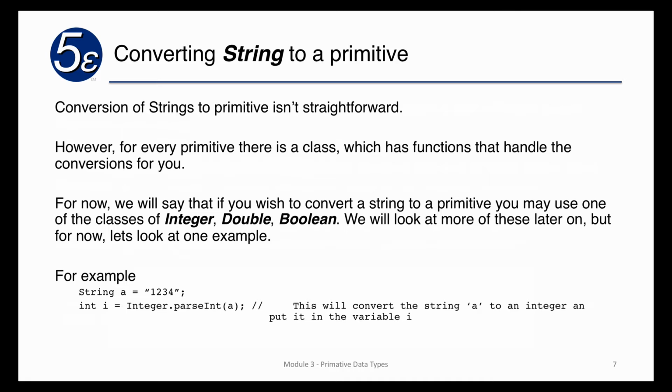Some of the example programs take an argument from the command line, pass it into the function, and it needs to be converted because those arguments are strings. And so we'll take that string A and pass it into Integer.parseInt. Integer is the class, and parseInt is a method within the class, and we'll talk more about that later. But what this does is convert the string A into an actual integer number that can be put in i. And you'll see some examples of that code in the sample code that we have online.